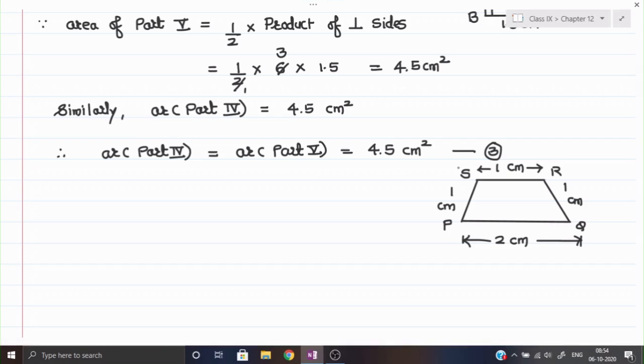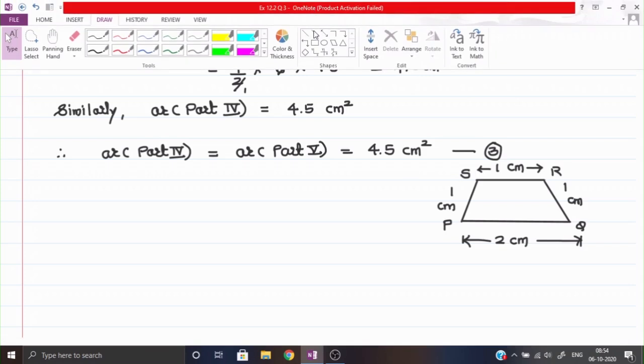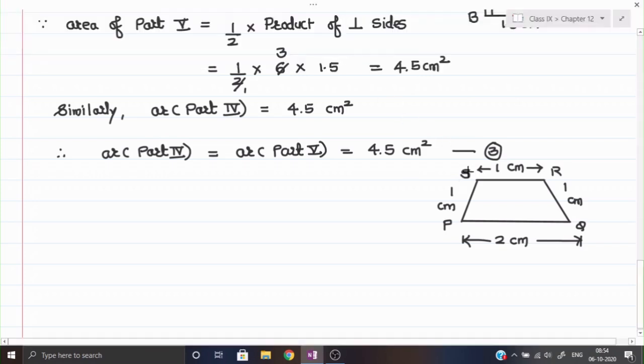So those whose unparalleled sides are equal, such kind of trapezium is called the isosceles trapezium. And in the isosceles trapezium, if you draw the perpendiculars between the two parallel sides, they will always be equal, because between the two parallel sides the perpendiculars drawn are always equal. That is called the shortest distance.